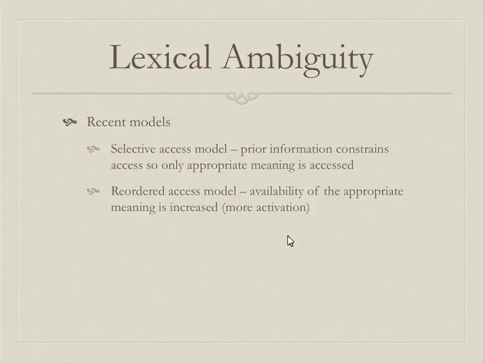The reordered access model is that the more appropriate meaning is increased, so there's more activation for it. So instead of selected, the idea is, yes, they're still all activated, but they're structured based on context. So the frequency of those contexts will reorder which one is accessed first, instead of just general word frequency.